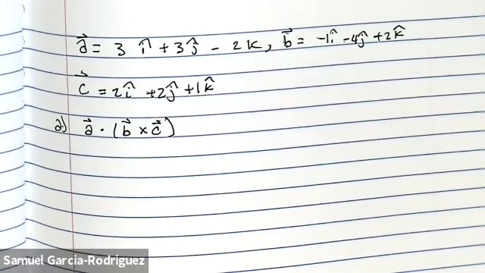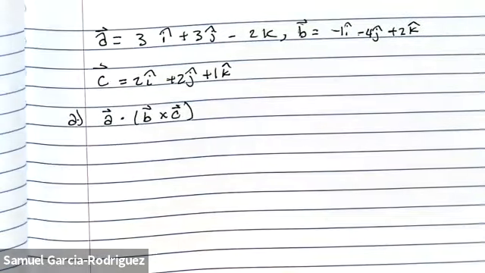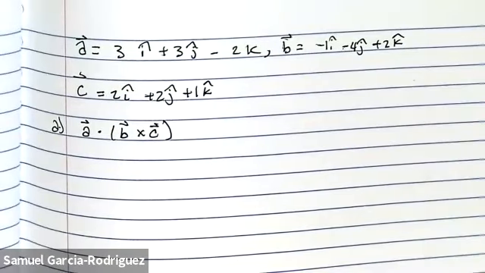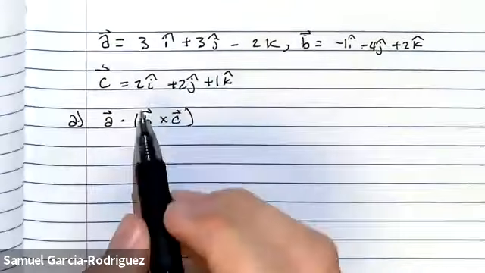Alex, can you tell me how you would first start off this question? I guess I would take the cross product of B and C. Yeah, that's exactly what you do.